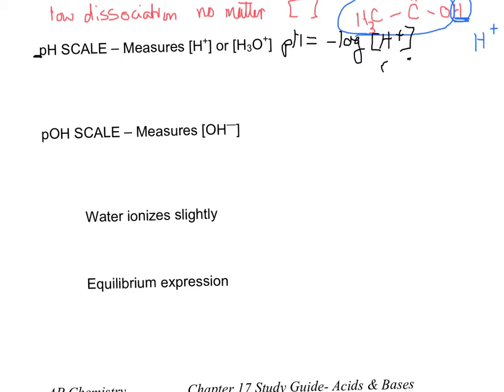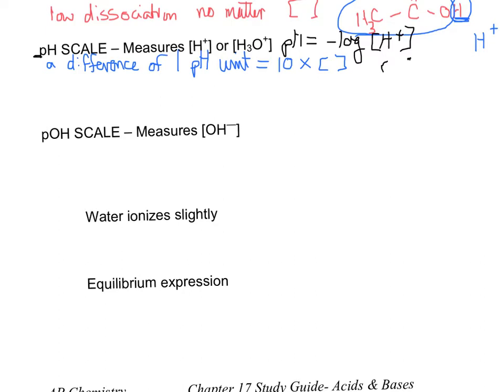Because it's a negative log, a difference of 1 pH unit equals a 10 times difference in concentration. Let's write that down.